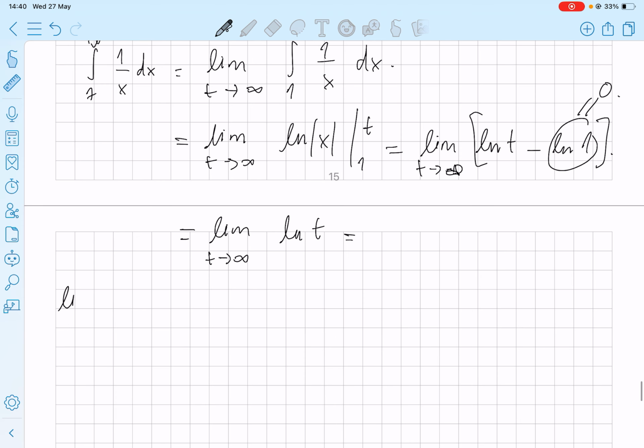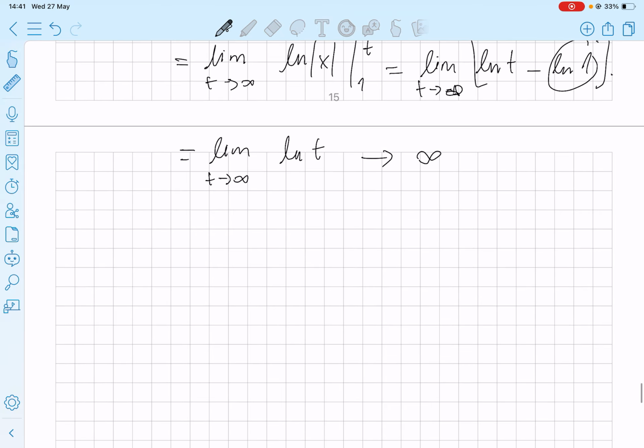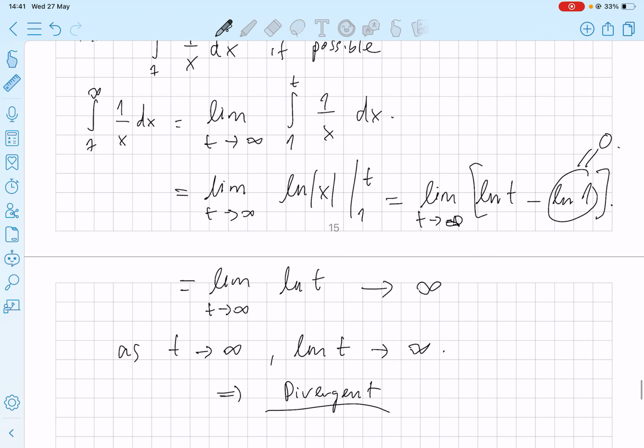Since it is a logarithm function, when t is really big, the natural log gets really big, so this limit approaches infinity, and therefore it is divergent. The answer for this example is divergent.